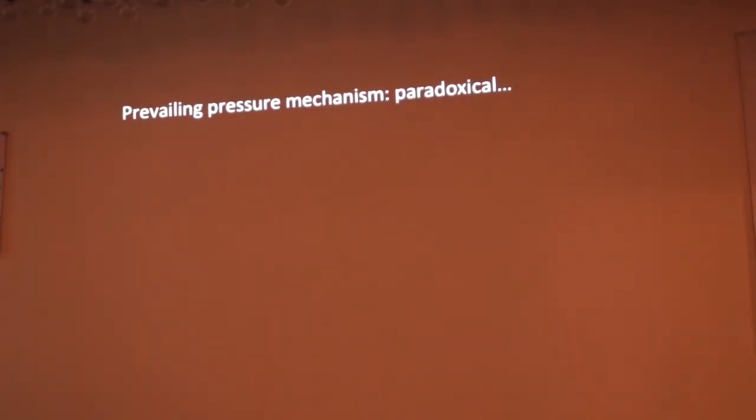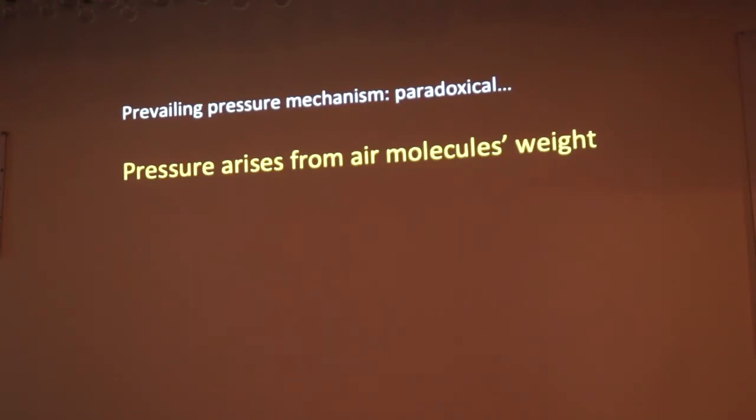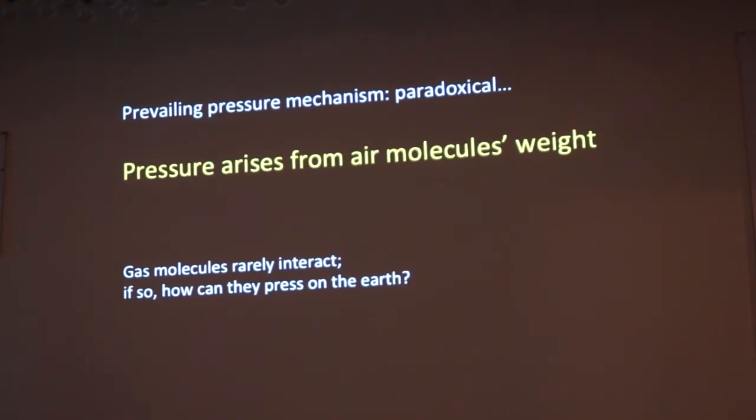It is paradoxical because the pressure is supposed to arise from the weight of the air molecules, like a stack of bricks all pressing down. But it's strange because air is a gas, and gas is defined as molecules that rarely interact with one another. So how can they press if they rarely interact?